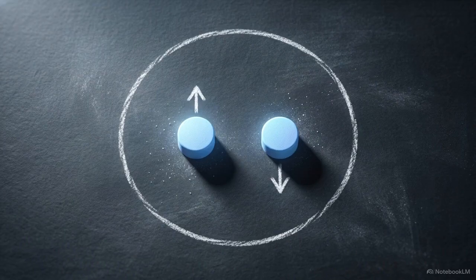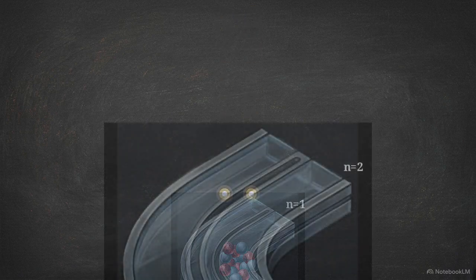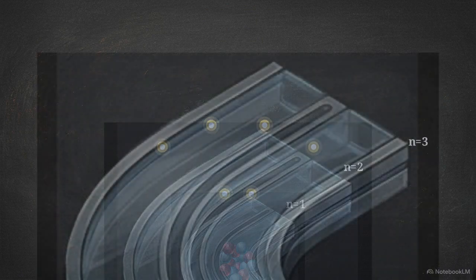This arrangement is governed by the Pauli exclusion principle. Conceptually, this states that no two electrons can occupy the exact same quantum state simultaneously. Because they cannot share identical states, electrons are forbidden from all collapsing into the lowest possible energy level. Instead, the exclusion principle forces them to stack into distinct, layered architectural shells.